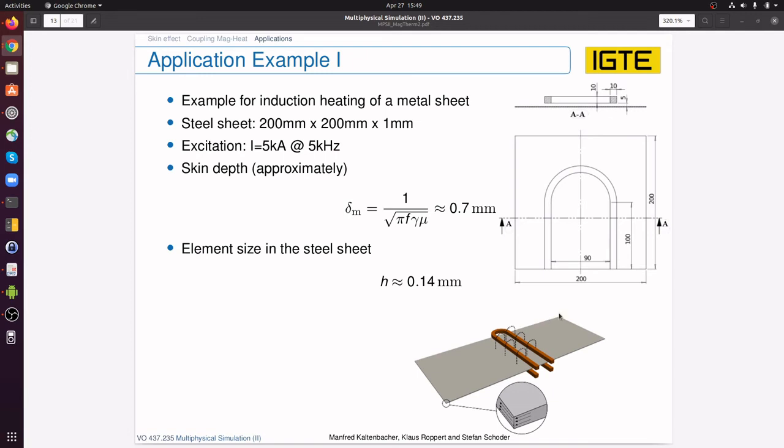So this also has to be taken into consideration if you want to design the whole setup.